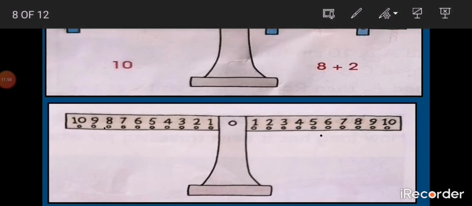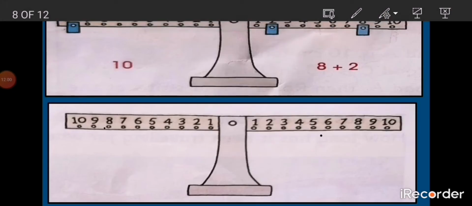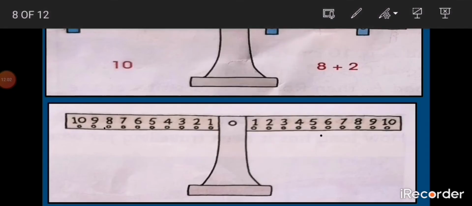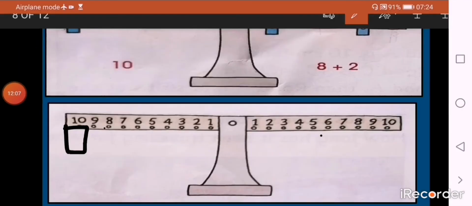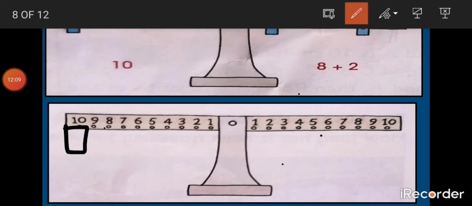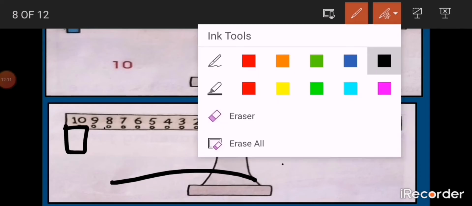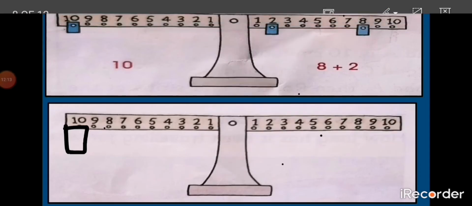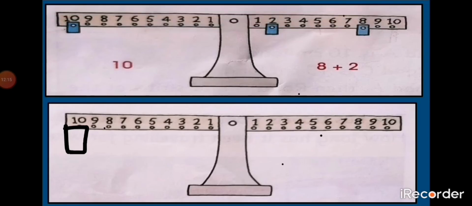Now first I will place the scale on number 10. So which two numbers can balance the 10 on the other side, or where can we hang the weights to balance number 10? So again, I'm telling you, you can choose on the number balance.